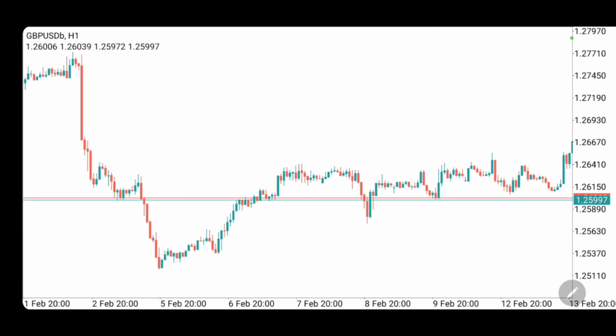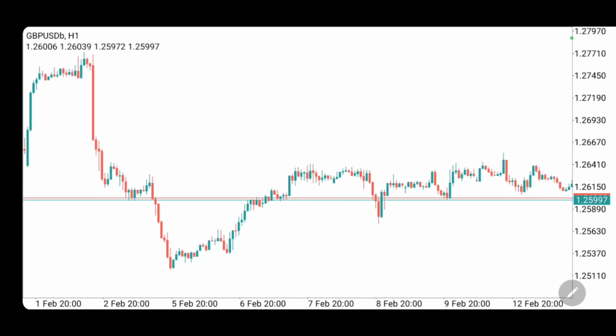This plays out by virtue of what we call the turtle soup strategy, in the sense that you have a demand zone in this fashion.